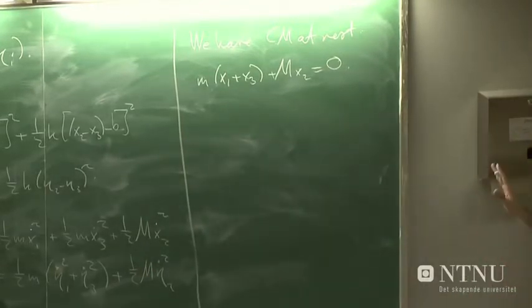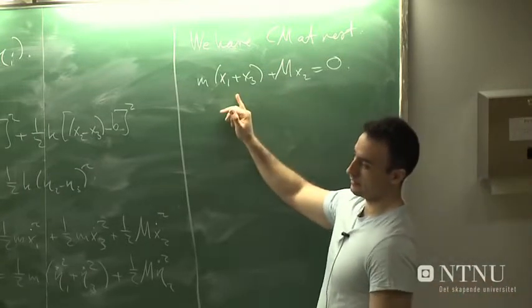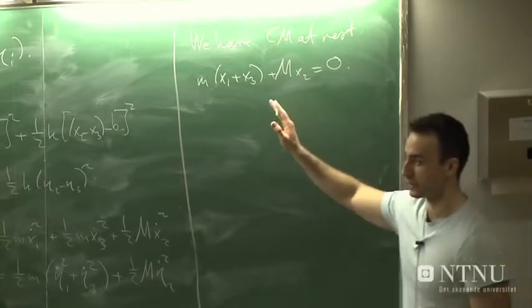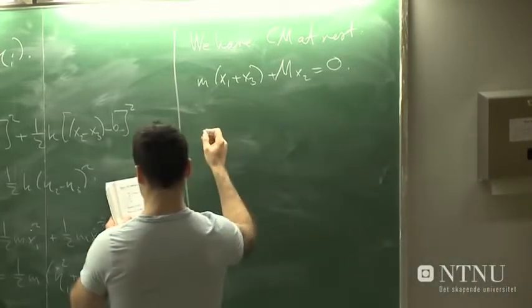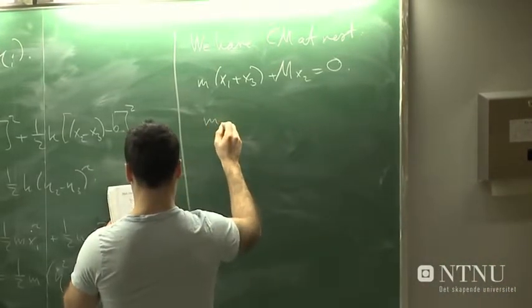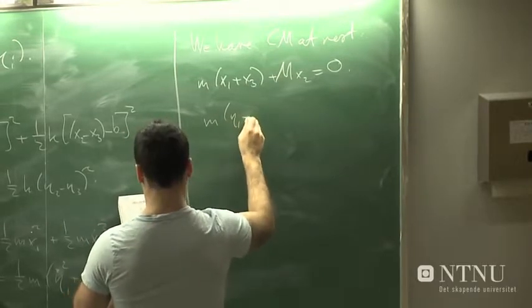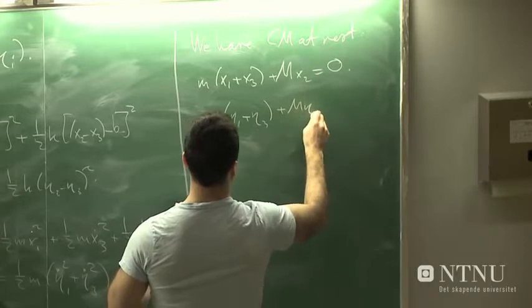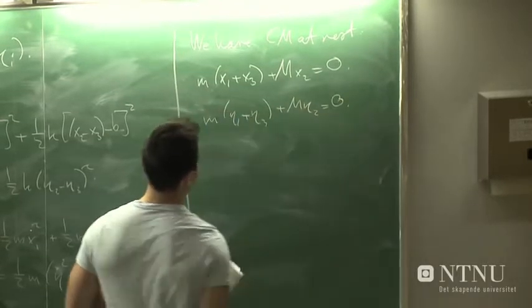So assume then that we have our coordinate system such that the center of mass vector should be equal to 0. Inserting our etas for x, we get this.